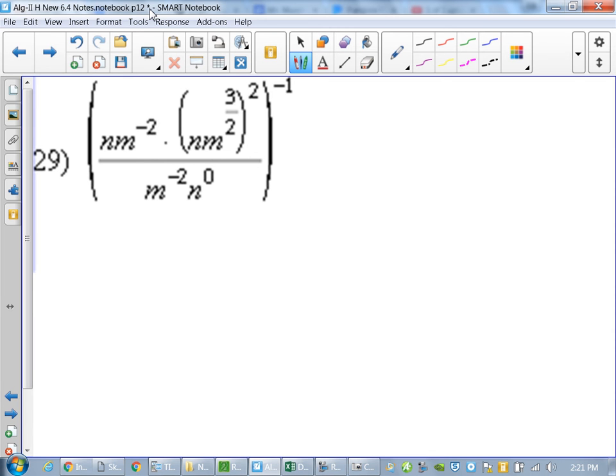So the very first thing I would do is rewrite the fraction as flipped.